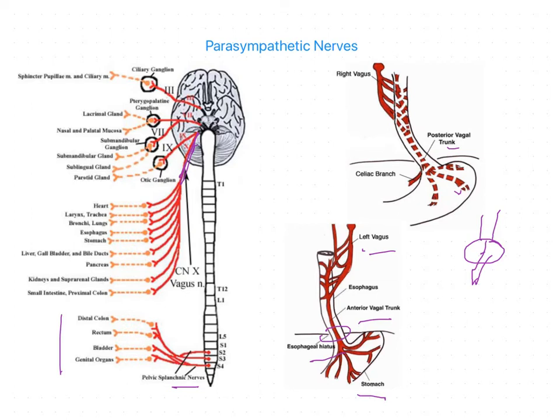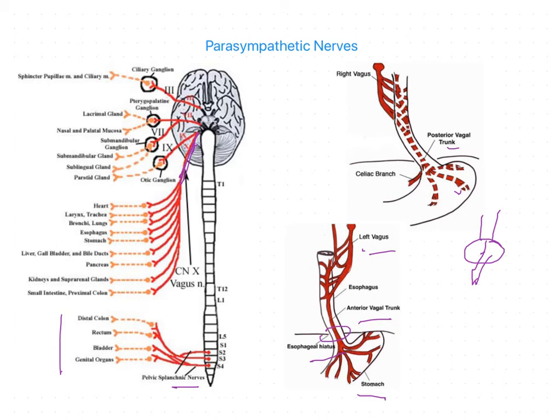From there it supplies the remaining visceral organs which are present inside the trunk, inside the abdomen. Some of the presynaptic parasympathetic fibers generally synapse in the wall of the organ they innervate.